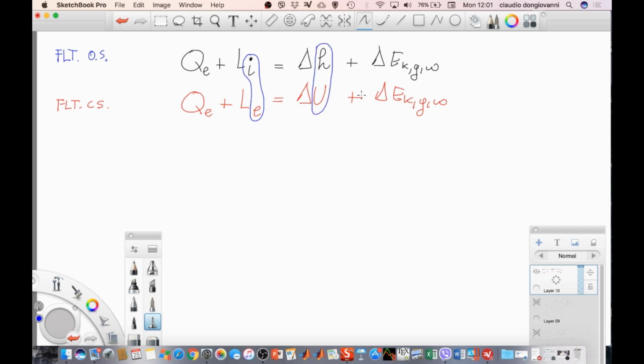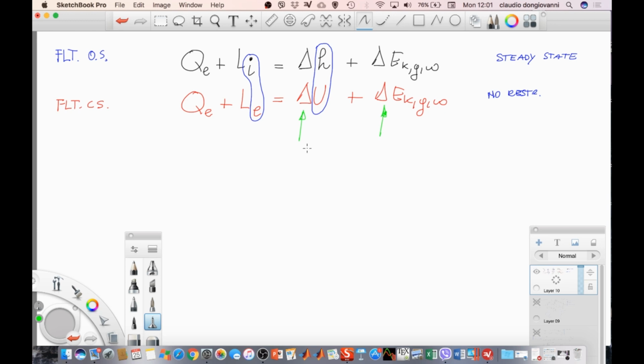This is always true, no restriction. This is true only for steady state system. There is another very big difference that does not appear as this one. These deltas have a really different meaning.